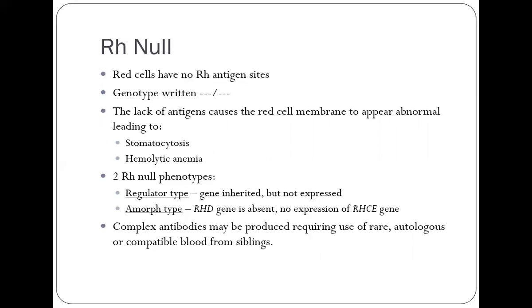I read an article about a man in Britain who is the Rh null phenotype, which is really, really rare. He had to donate his own blood and have it frozen so that he would be able to receive blood if he needed it in the future. So he has to go donate every 10 years, I believe.